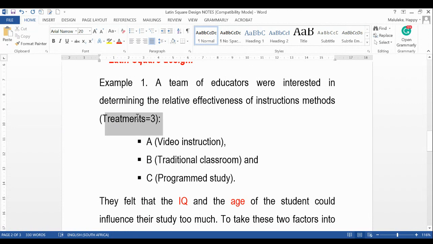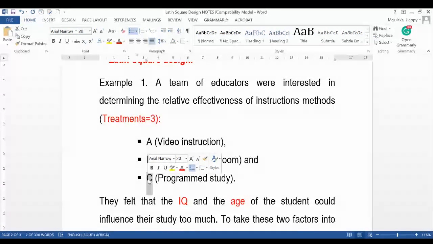So this is what the treatment is, isn't it? So it means your treatments are 3, based on A, B, and C. And I said, when you're given a problem, always the letters will represent the treatments. When you're given the question, it's easy to identify the Latin square problem. Whenever you see letters, you know that those letters represent your treatments.